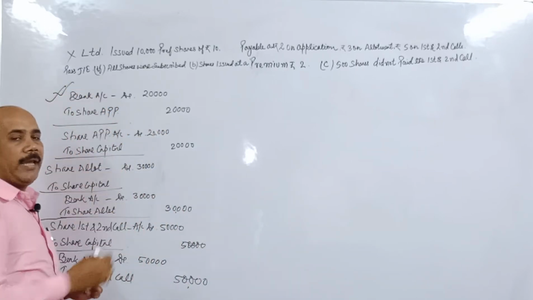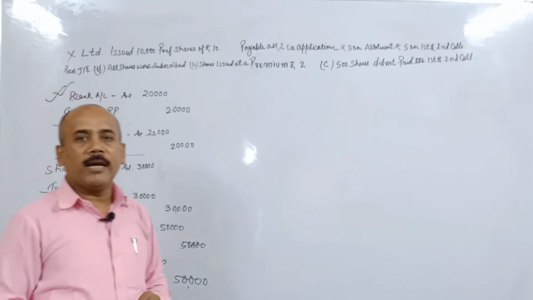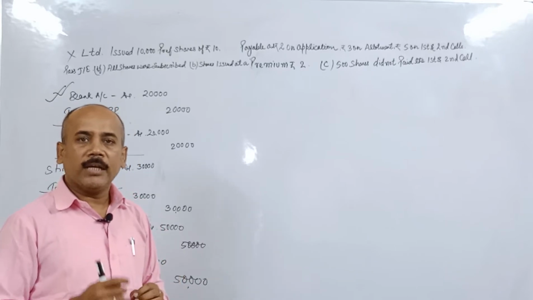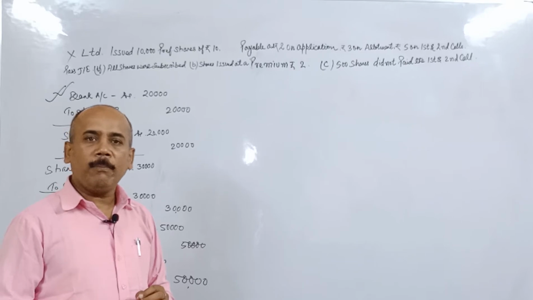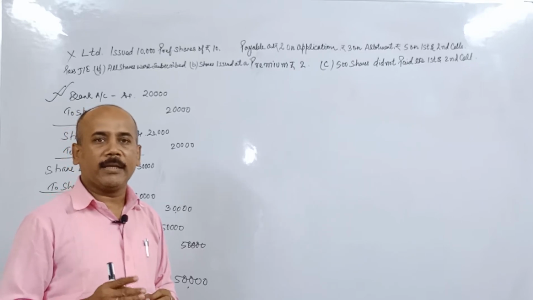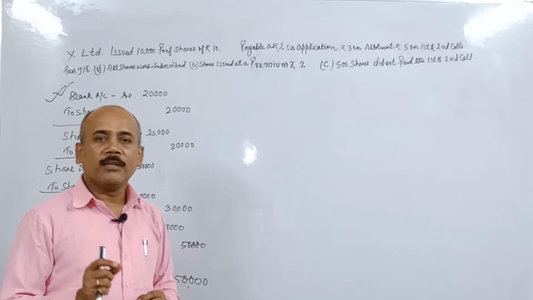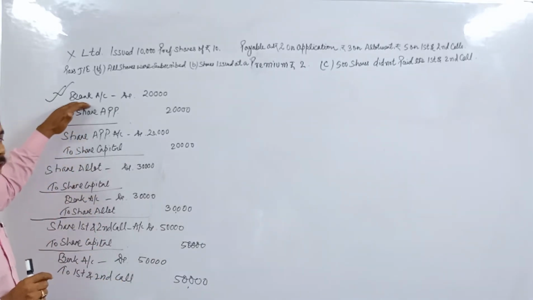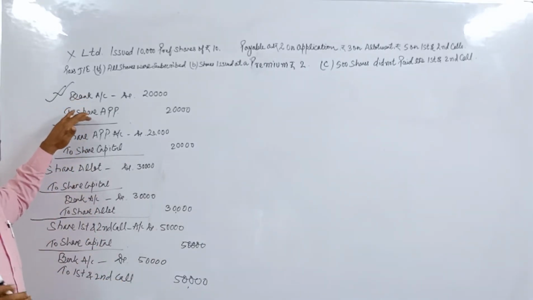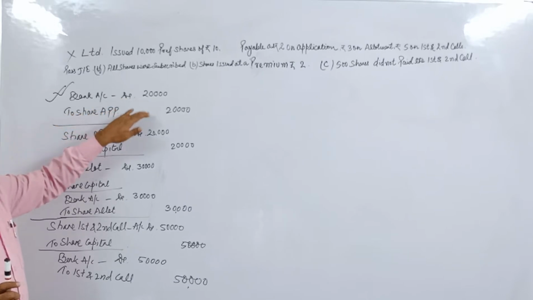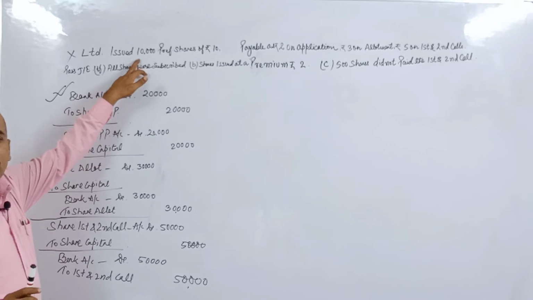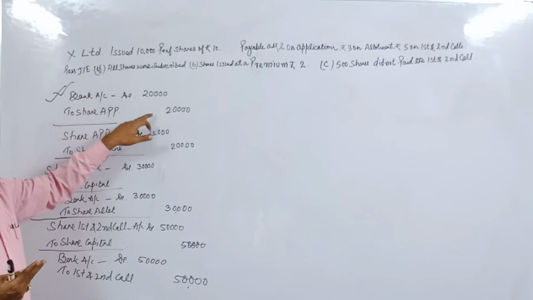The company will make all the entries regarding the receipt of the issue of shares, regarding all payments made by the public. The first entry is bank account debit to share application, which is 20,000 rupees. 10,000 shares are issued, 2 on application, so we will get 20,000.